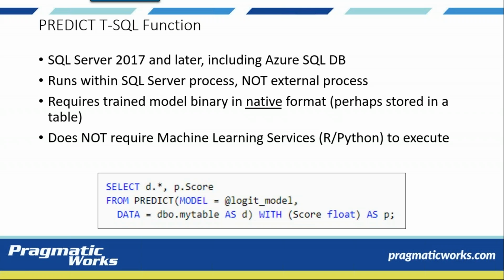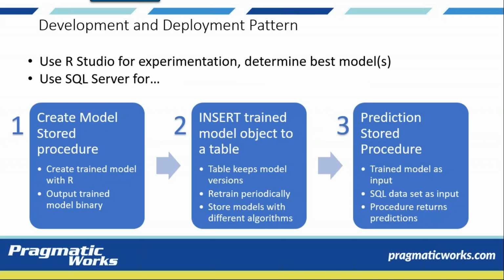So if you've developed a model and you can get the binary output of that model, which we'll talk about in the demo, you can run that from another server instance. And this is a really powerful piece of functionality that's available with 2017 and later.